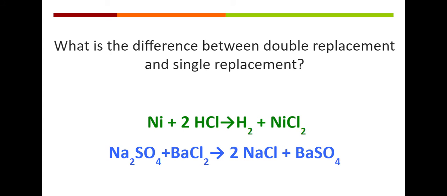Perfect. So the differences between double and single replacement are really simple. It's just that in single replacement, only one element is swapping sides, and in double replacement, two elements switch with each other. Okay?